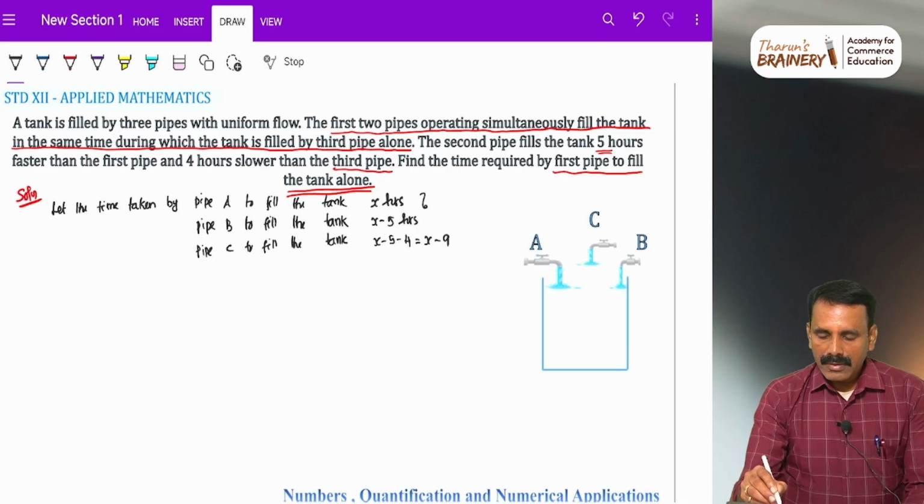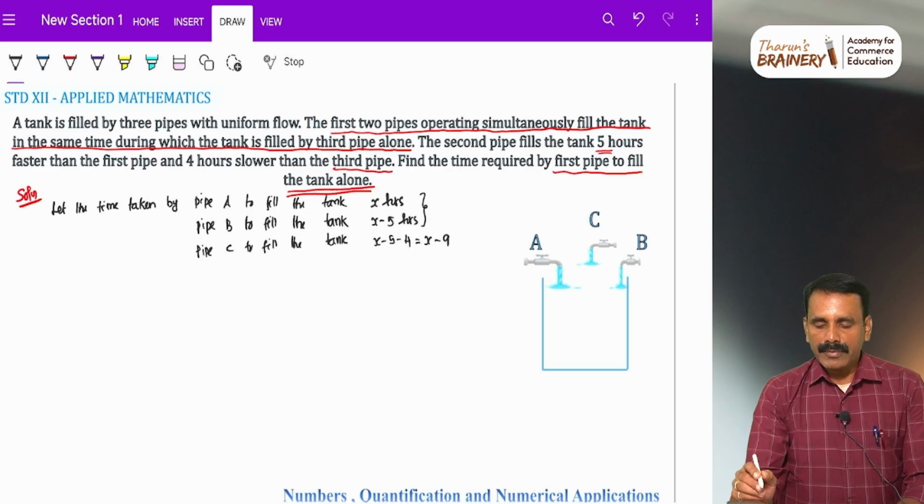Now, A and B together are going to operate.